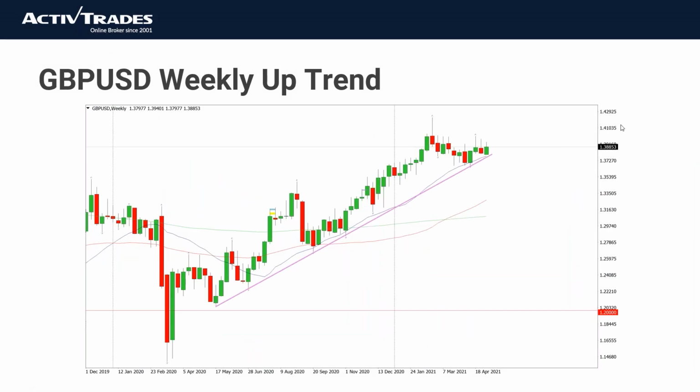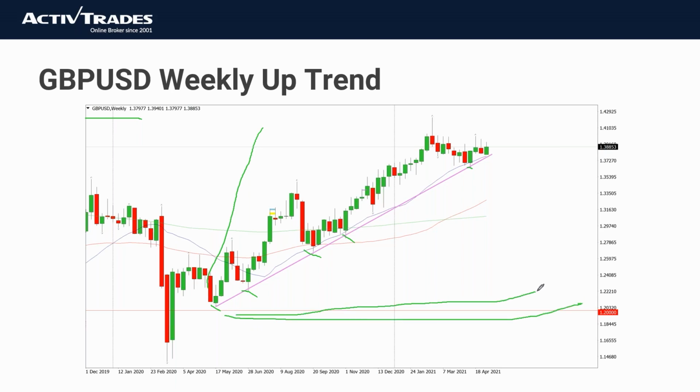To the upside, this is cable, pound against the US dollar, on the weekly chart. You've got a starting point, and as you can see, you've got quite a few touches there. That's what we're particularly looking for, and also the angle of that trend line. It's not too steep, but nor is it too shallow either.